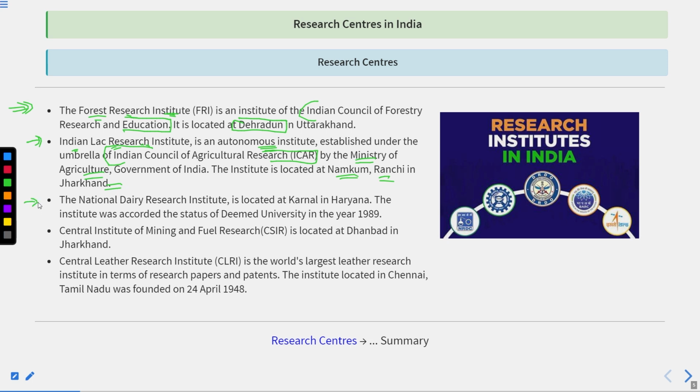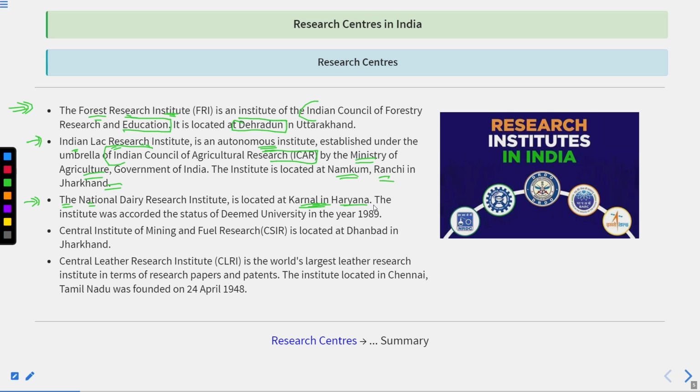Then we have the National Dairy Research Institute. The National Dairy Research Institute is located at Karnal in Haryana. The institute was accorded the status of deemed university in the year 1989.